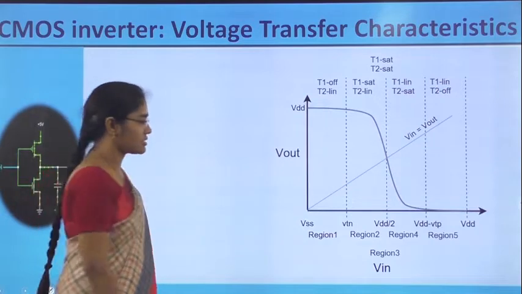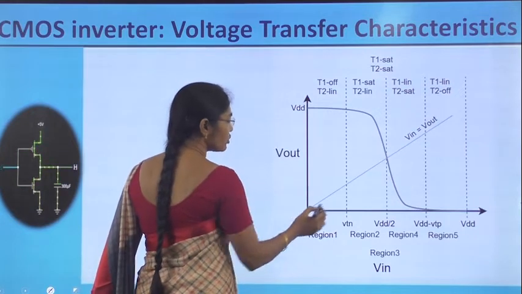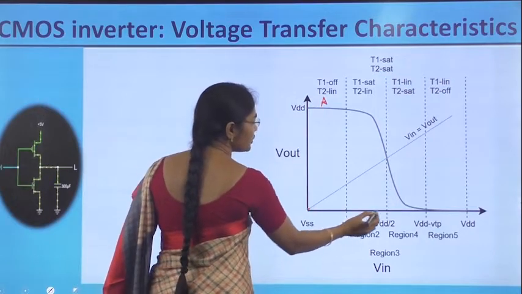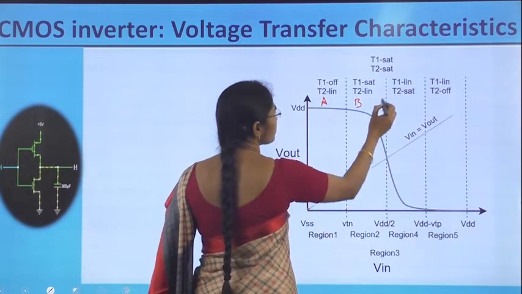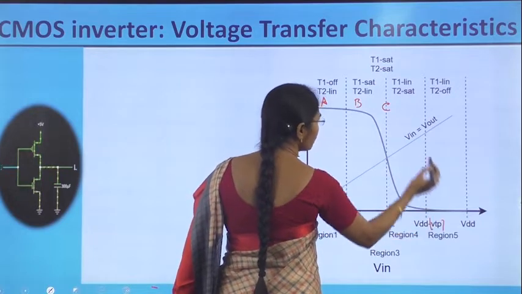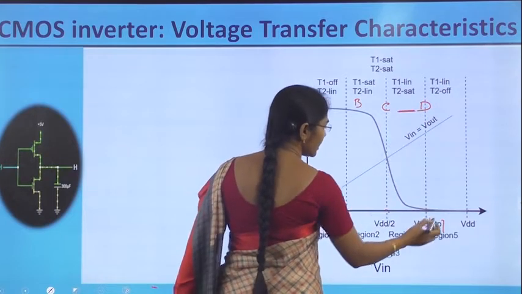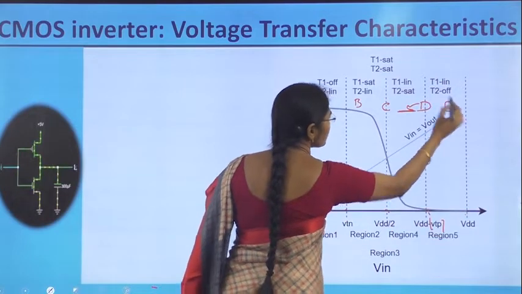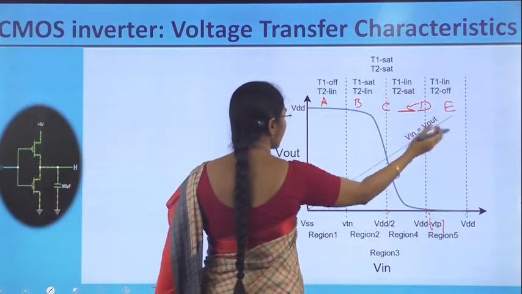All 5 regions: 0 to VTN is the first region, region A; VTN to VDD by 2 is region B; at VDD by 2 is region C; VDD by 2 to VDD minus mod VTP is region D, this middle one; and VDD minus mod VTP to VDD is region E. So A, B, C, D and E, 5 regions.